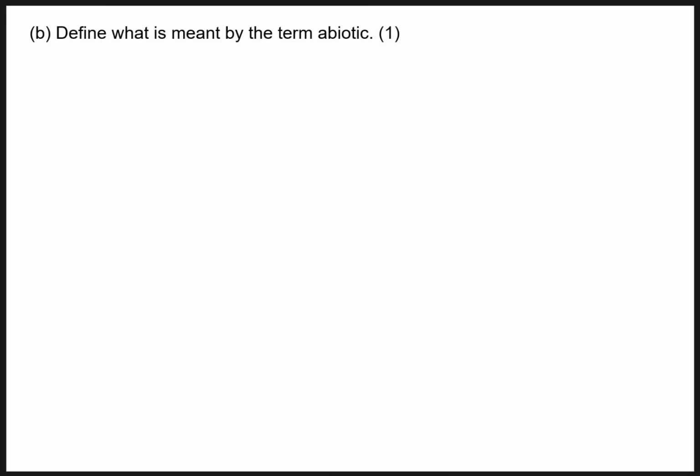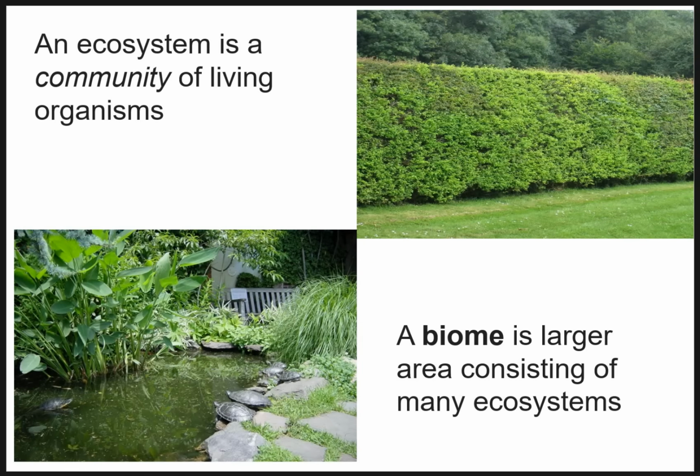Okay, great question. Define what is meant by the term abiotic. Now, before we answer that, I just want us to take a step back from that just for a second, just to recap a couple of key terms. So an ecosystem, this is a community of living organisms. A biome is where we're operating here in this paper.